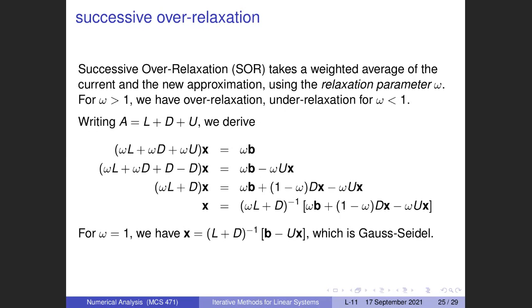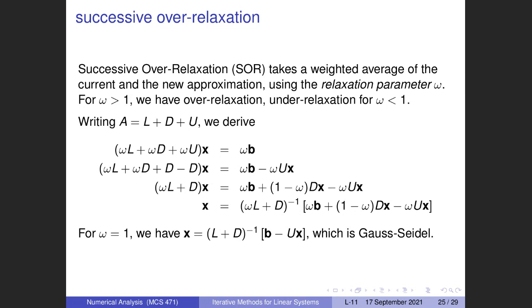So there is a weight, a relaxation parameter, omega, or W if you like, for weight. We have an over-relaxation if the omega is larger than 1. Less than 1, we have an under-relaxation. So it's actually good we have a parameter to play with.